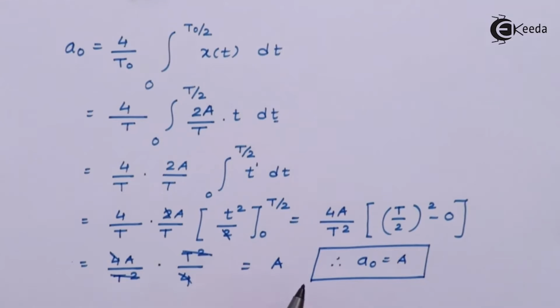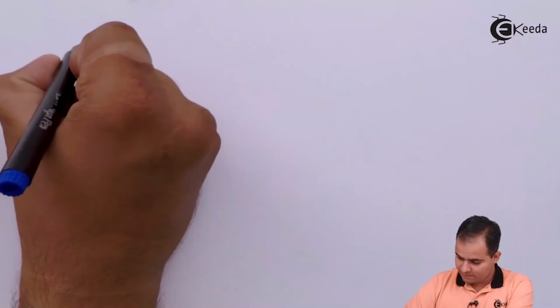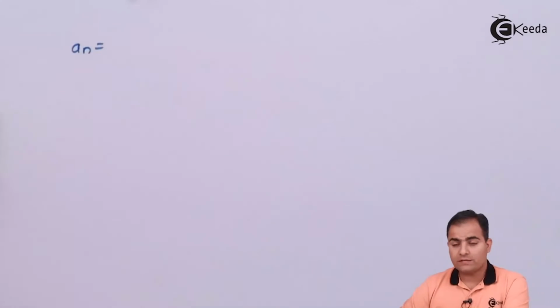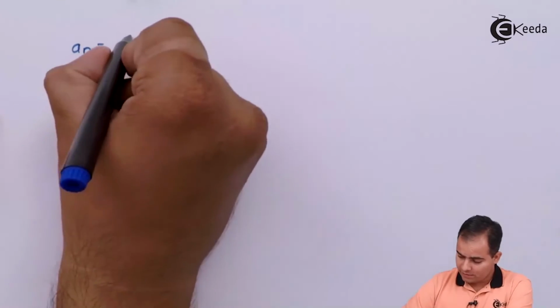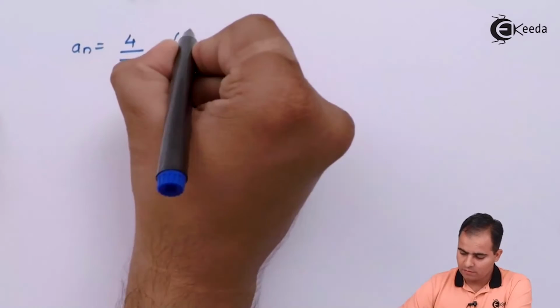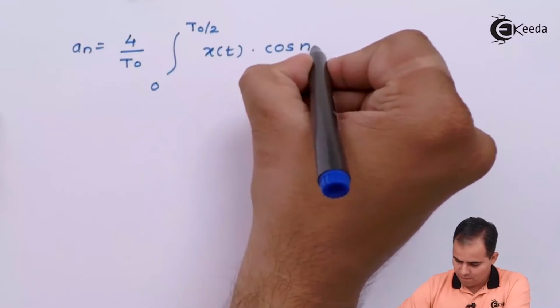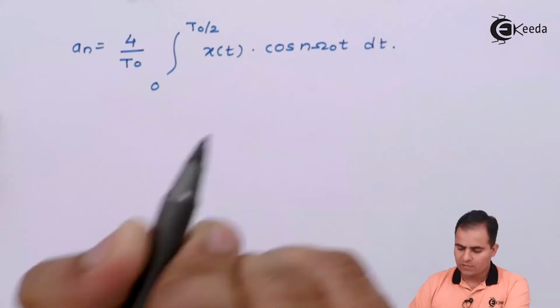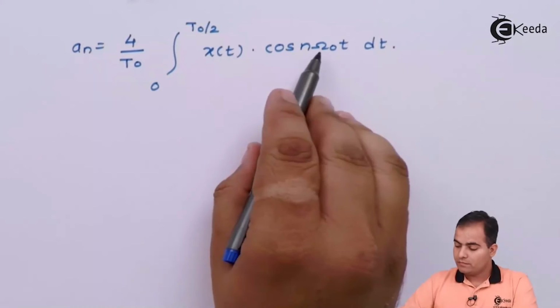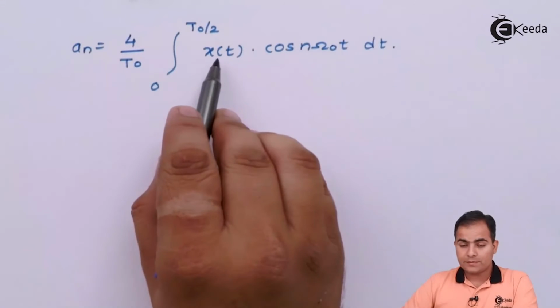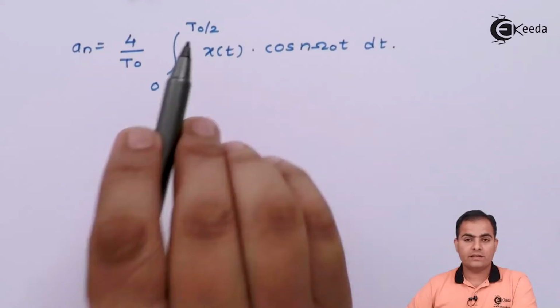Now similarly, we will calculate my an value. So next part is my an. First of all, we'll write the formula of an. Now, we will substitute my x of t value in this formula.